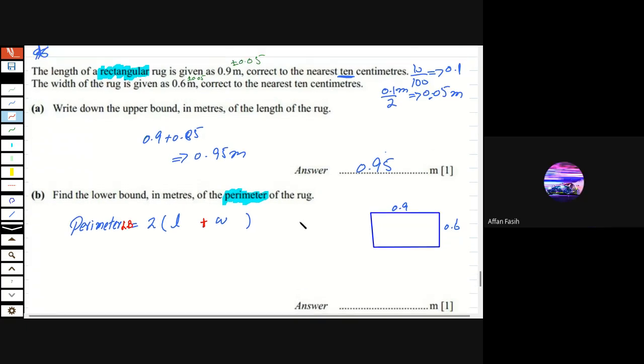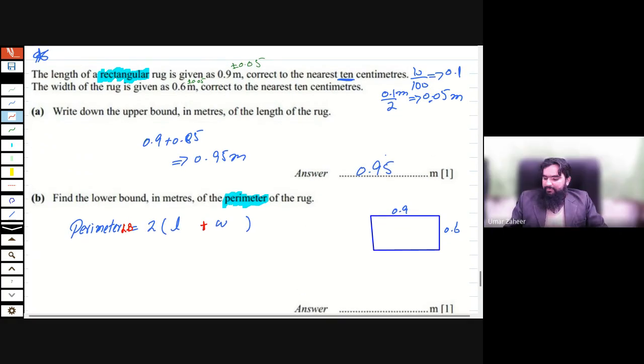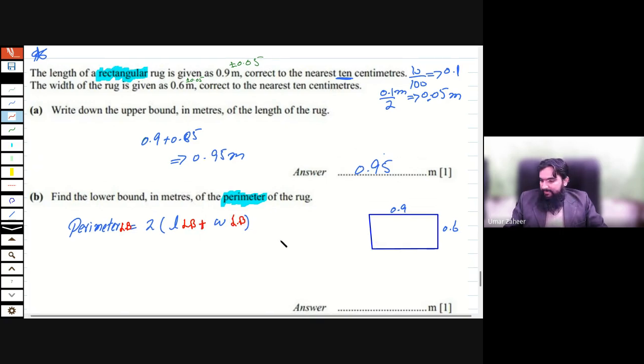Okay, so first of all, for example, we are finding the perimeter. Obviously, you must know the general formula. If you don't know the general formula, you are not able to do these questions. So the perimeter of a rectangle is 2 times length plus width. We have to find the lower bound. This means that we are going to take the lower bound of the length as well as the lower bound of the width because it is an addition case.